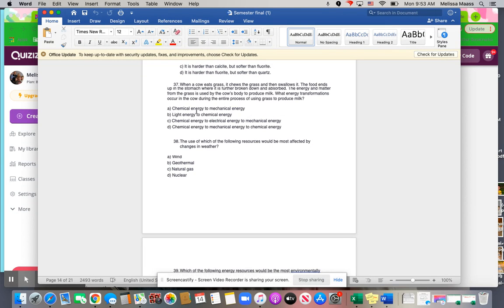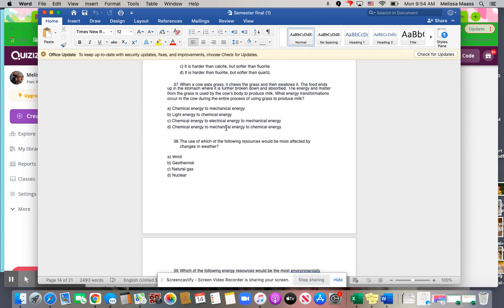So looking through these, chemical to mechanical, no, because there's more to it. Light energy to chemical energy, no, it's not really like a plant. Chemical energy to electrical, no, it's not going to be electrical inside the body. So chemical energy to mechanical energy to chemical energy.